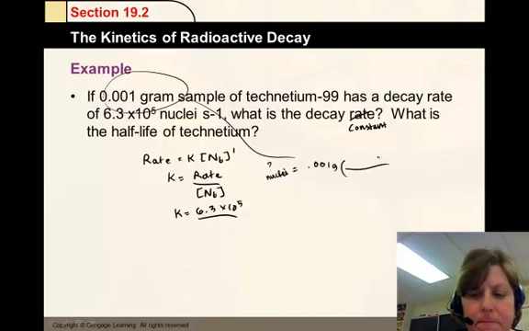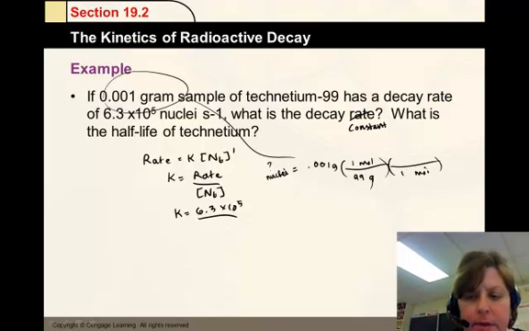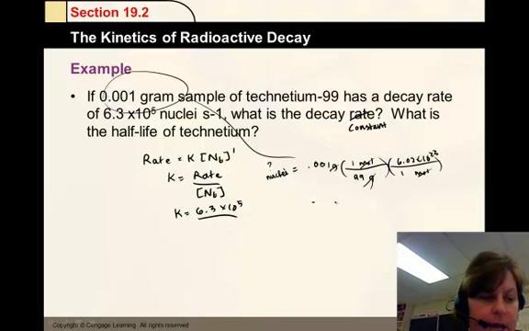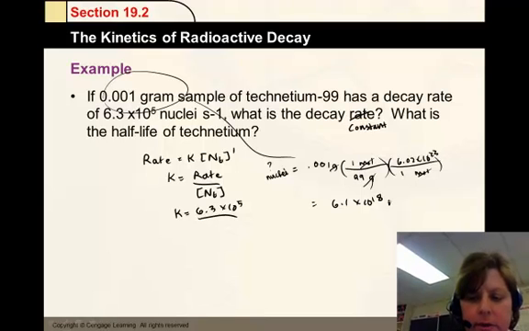Well, 1 mole of technetium-99 has a mass of 99 grams, and in 1 mole there are 6.02 times 10 to the 23 nuclides. When we work it out, we get 6.1 times 10 to the 18 nuclei.